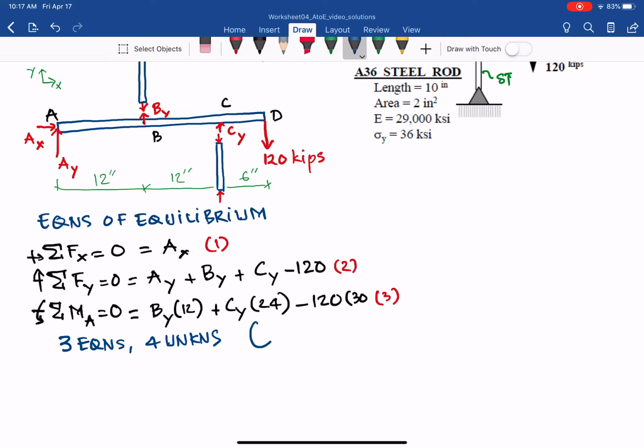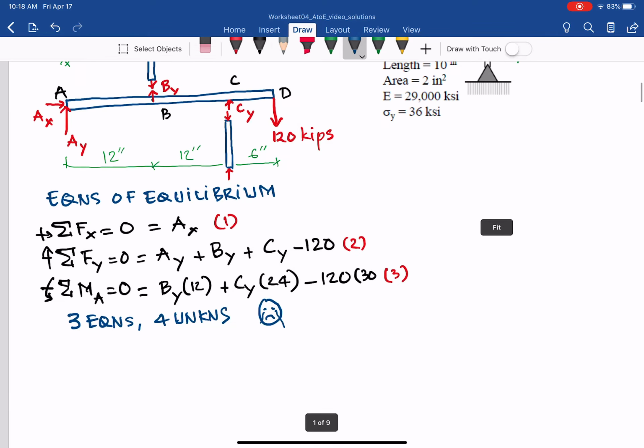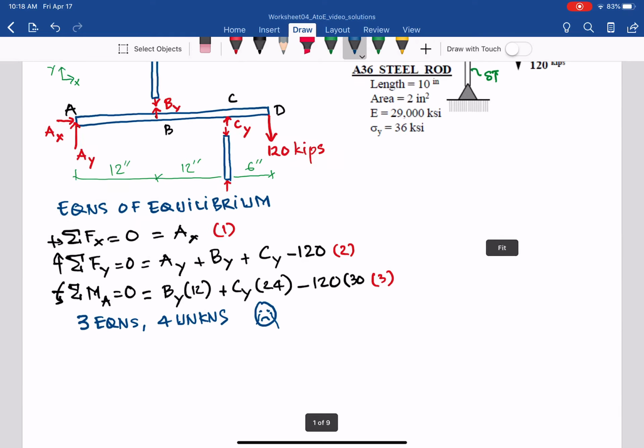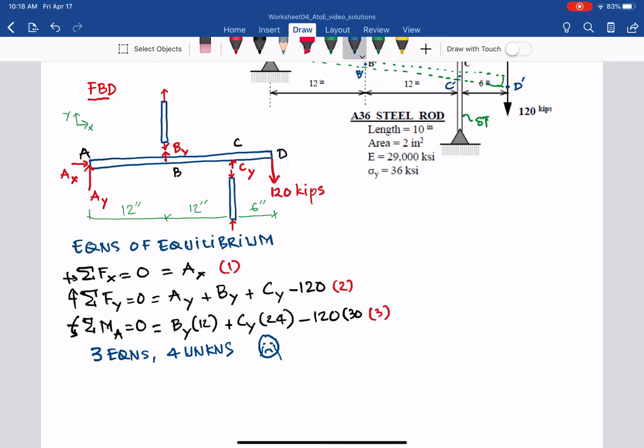As you learn in engineering mechanics, when a structure doesn't have enough equilibrium equations to solve for the unknown reactions, we call it a statically indeterminate structure.